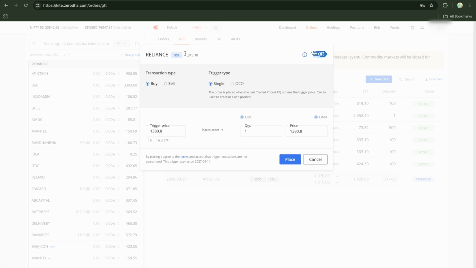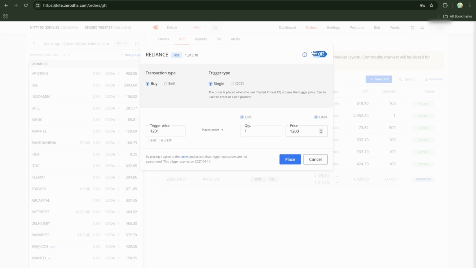Now the current price of Reliance is 1315, and I want to buy it at 1200 rupees. So I can say 1201 as the trigger price and 1200 as the limit price.